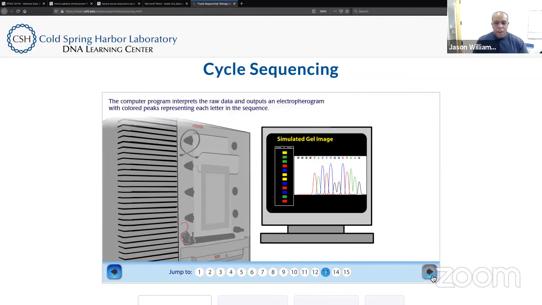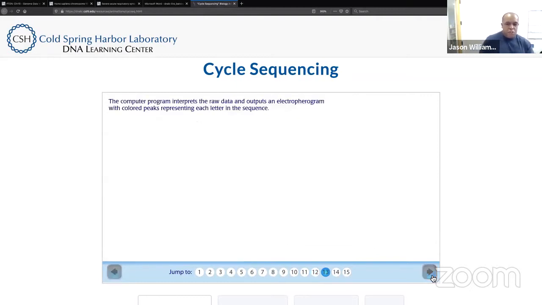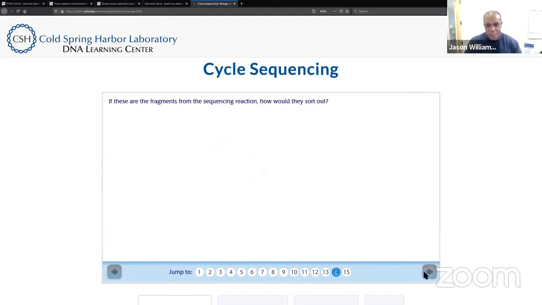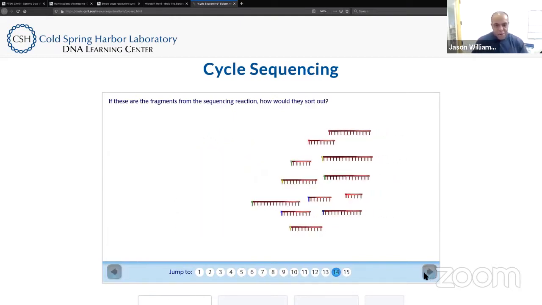And so the result of the laser measuring each of those strands is that you get this readout of DNA sequencing. Now, I will admit the very first time that I looked at this animation and learned about cycle sequencing myself, it was hard to understand. So if you don't quite 100% get it, what this electrophoregram is, we can discuss more in the questions, or we can follow up online.